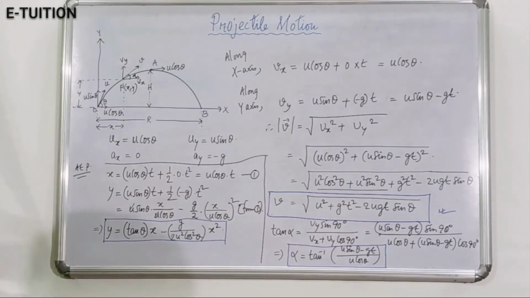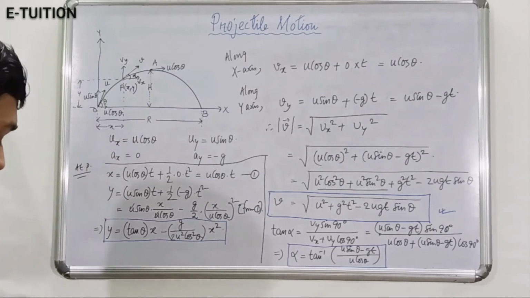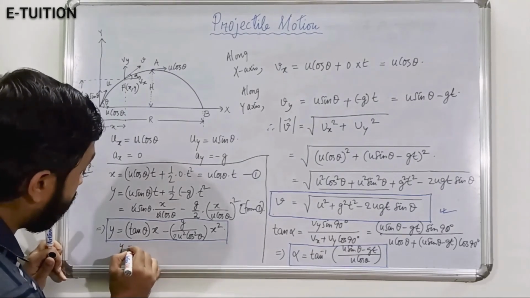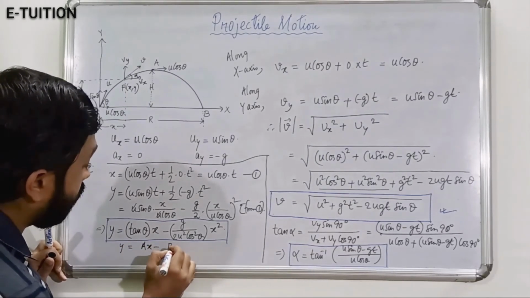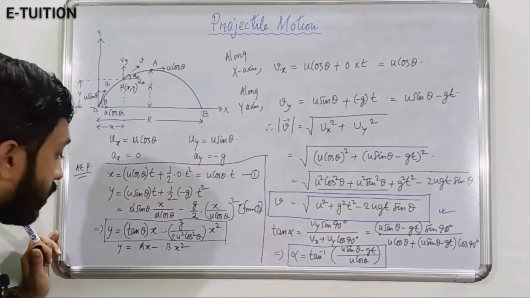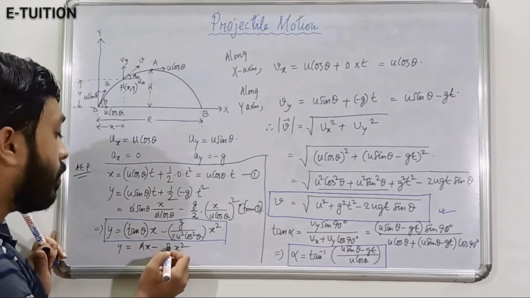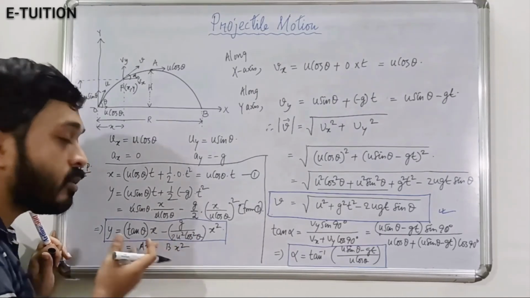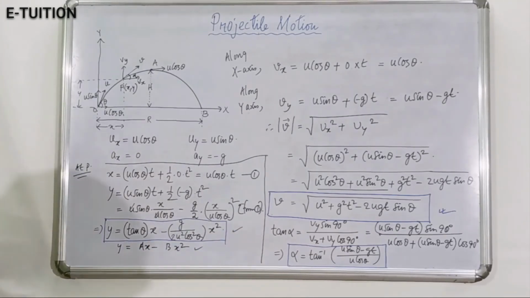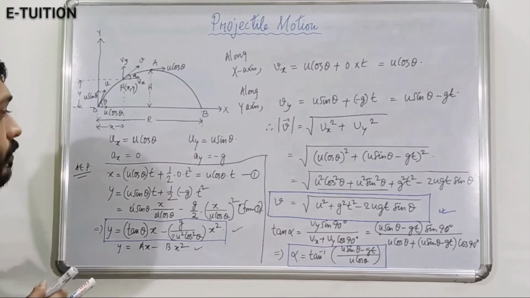The point to be noted is that this equation is completely analogous to the equation of a parabola, because the equation of a parabola is also of this form: y equal to ax minus bx square. Here a means tan theta, which is a constant. b means g upon 2u square cos square theta, which is also another constant. This equation is completely analogous to that equation, so the path of a projectile, or trajectory, is parabolic in nature.